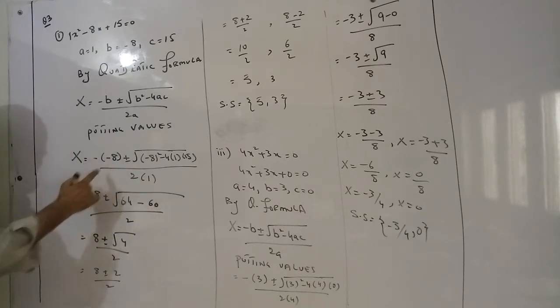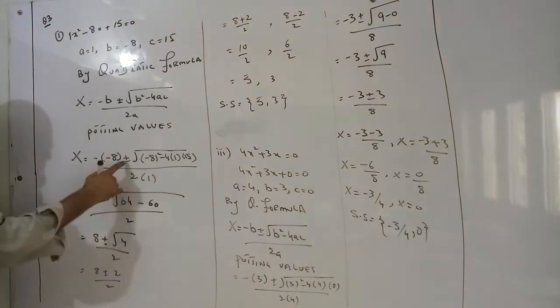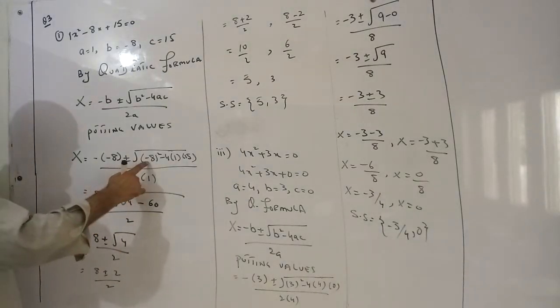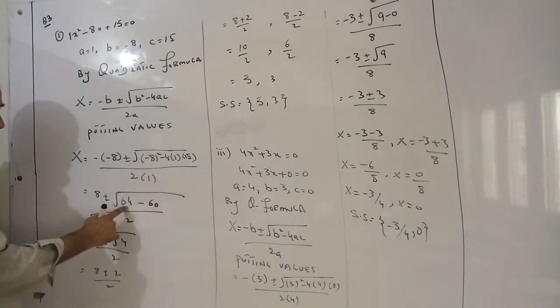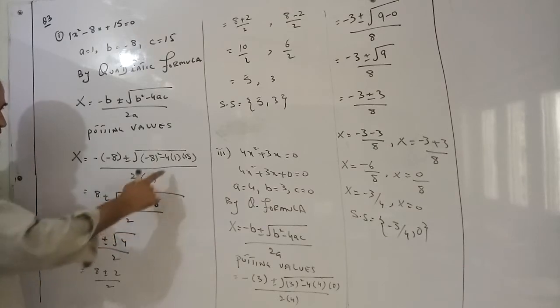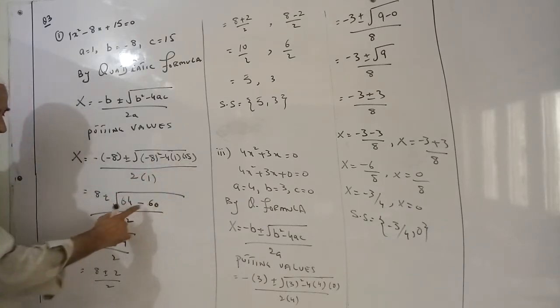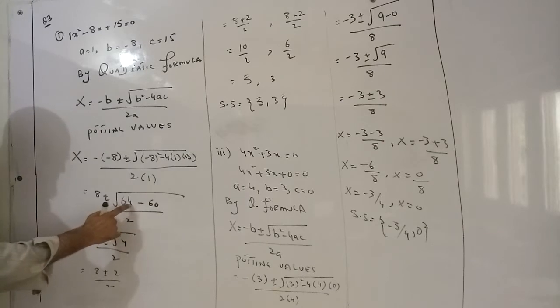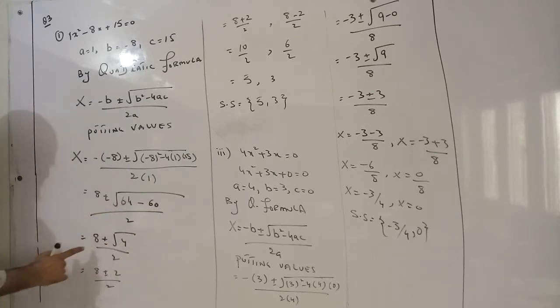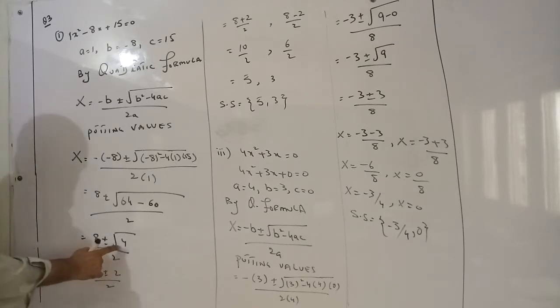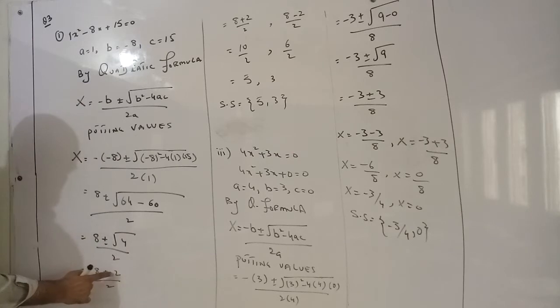Minus into minus gives you plus 8, plus and minus the square root of minus 8 square, which is 64, minus 4 into 1, 4 multiplied by 15 is 60. 64 minus 60 gives you 4. Now we have 8 plus minus the square root of 4, divided by 2. The root of 4 is 2.